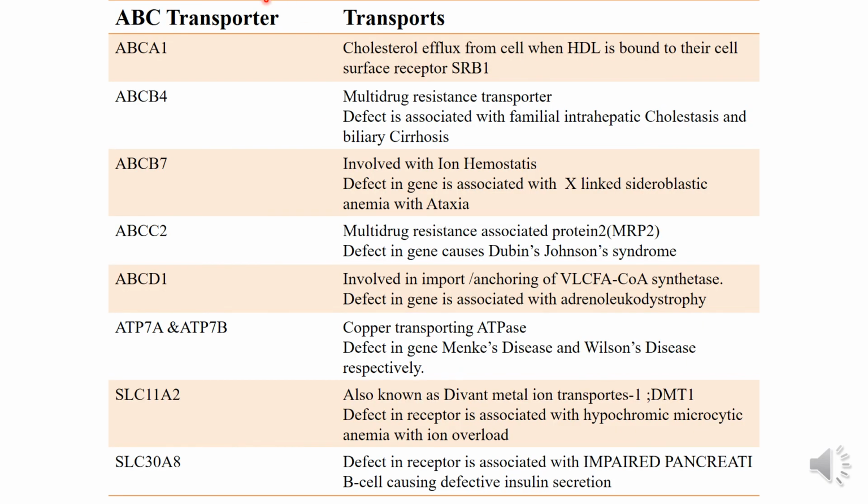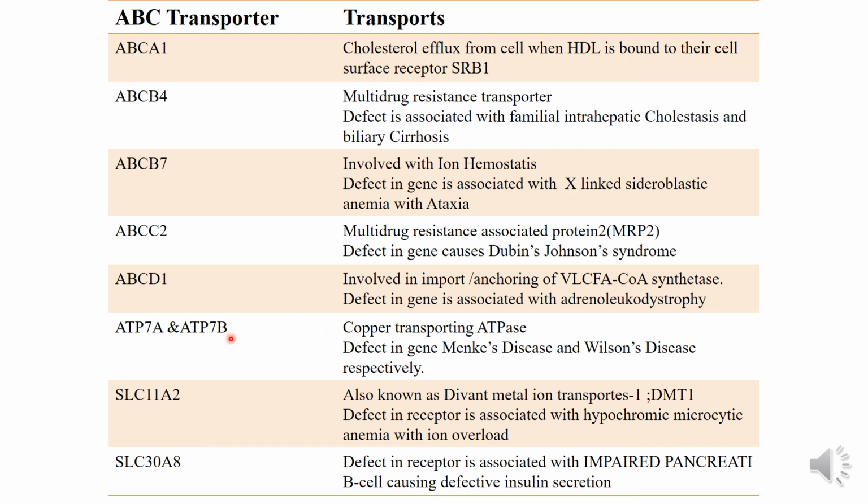Now these are various ABC transporters and they transport various substances. For example, ABCA1 transports cholesterol, ABCB4 is a multi-drug resistance transporter, ABCB7 is involved in iron homeostasis, ABCC2 is also implicated in multi-drug resistance associated protein, ABCD1 is involved in anchoring of very long chain fatty acid CoA synthase.